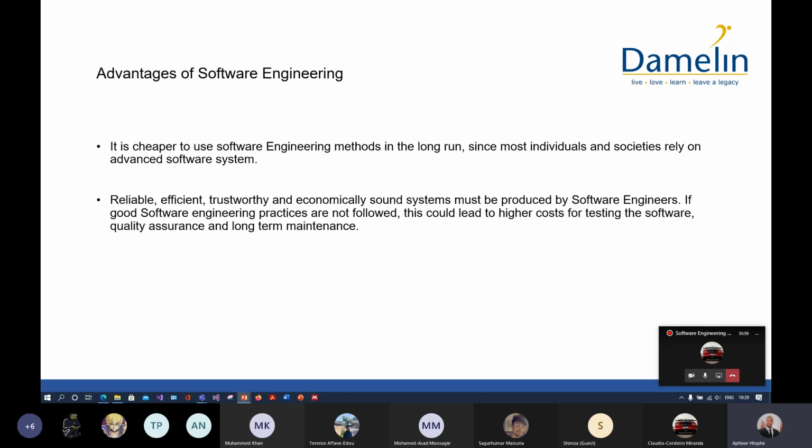And then reliable, efficient, trustworthy, and economically sound systems must be produced by software engineers. If good software engineering practices are not followed, this could lead to higher costs for testing the software, quality assurance, and long-term maintenance.